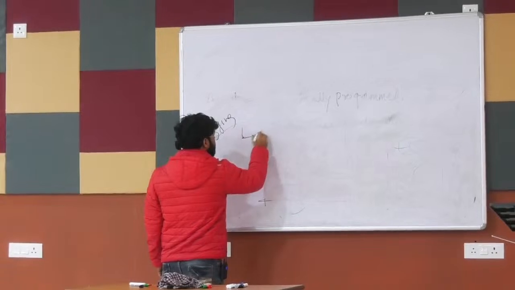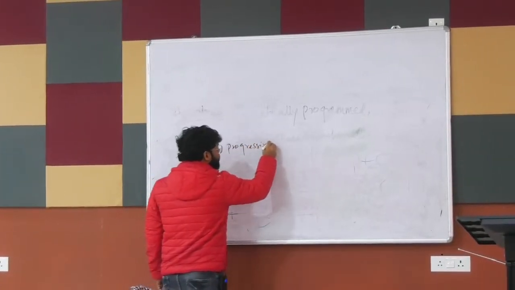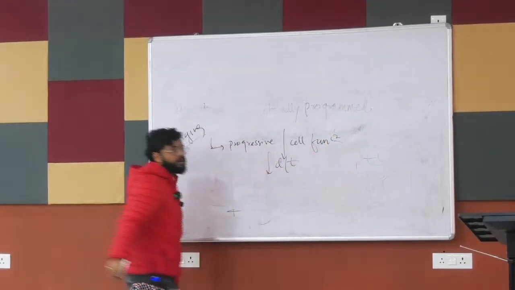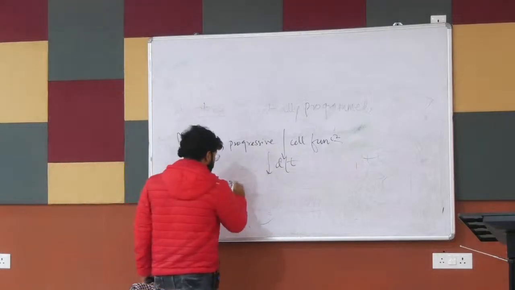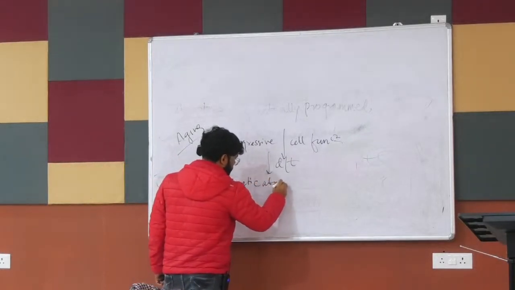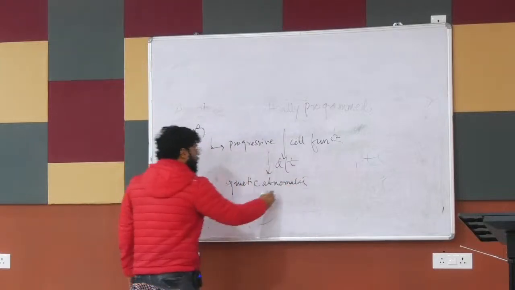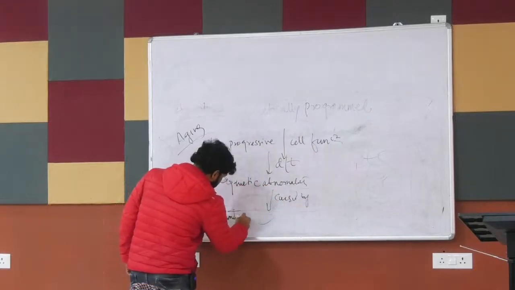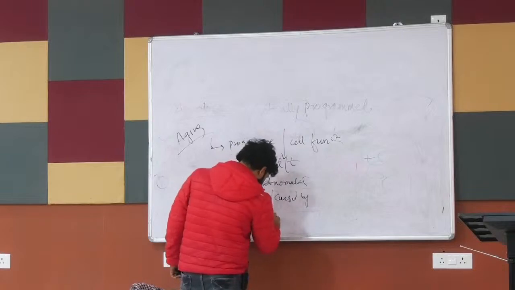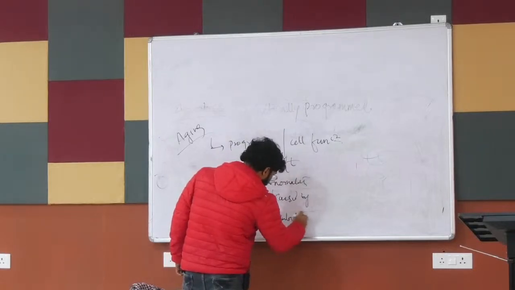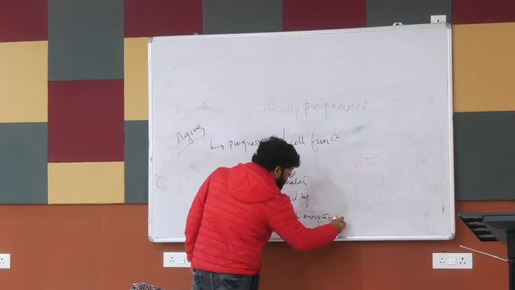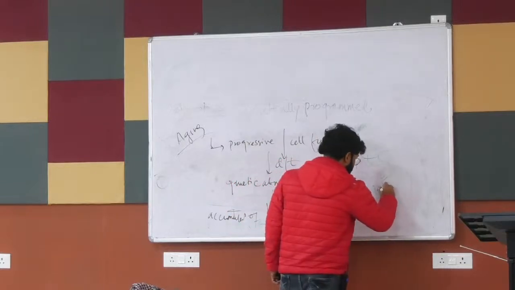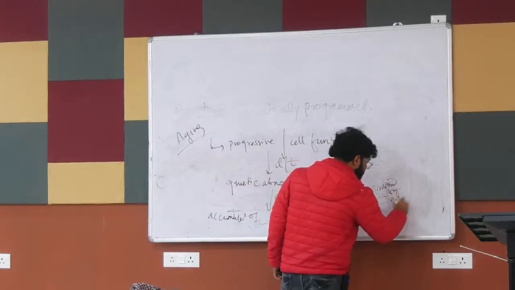What happens in aging? There is progressive decline of cell function due to some genetic abnormality, caused by accumulation of cellular and morphological changes imposed by or influenced by some external factors.